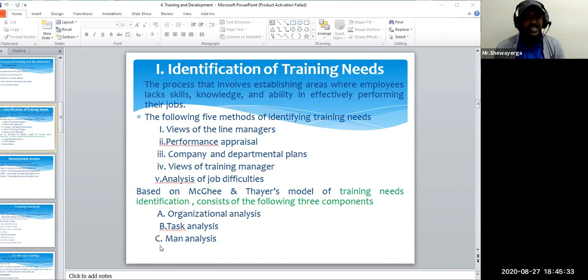When analyzing training, it must be analyzed from three aspects. When you identify or investigate the importance of training, it is from three points of view: from the organizational point of view, from the task point of view, and from the man or employees' point of view.